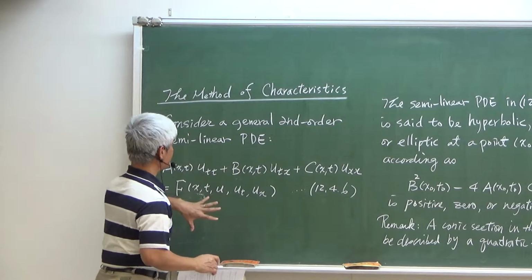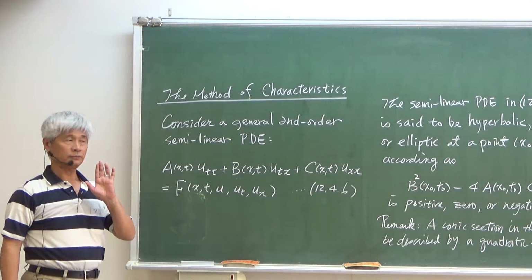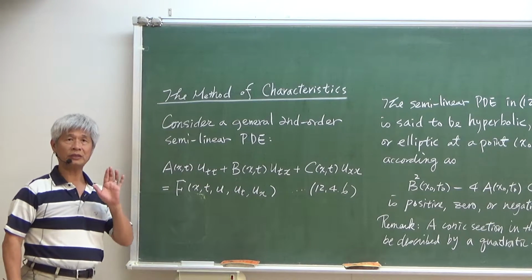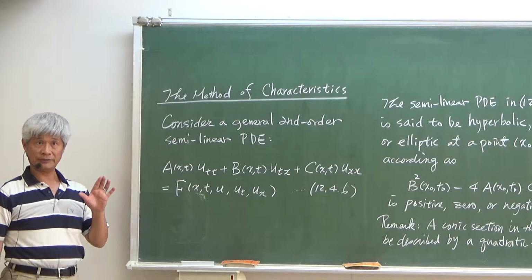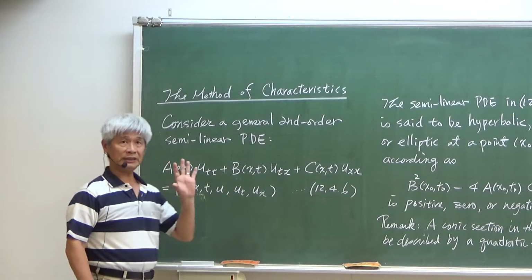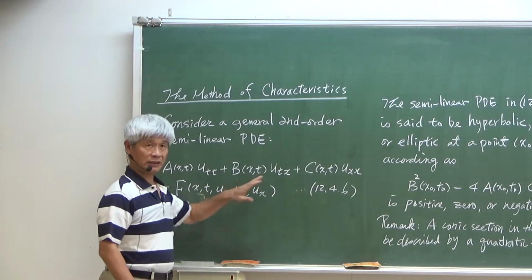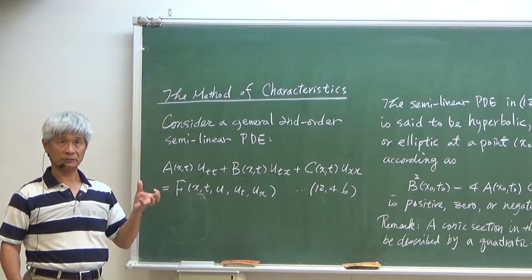For example, we learn from d'Alembert's solution for the wave equation. We actually transform the x and t to v and w by a linear transformation.